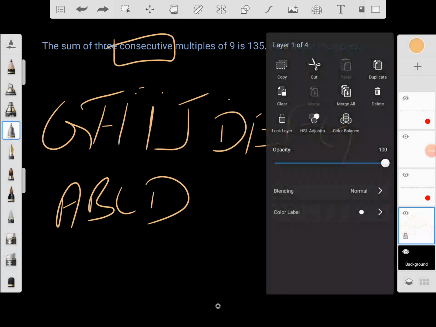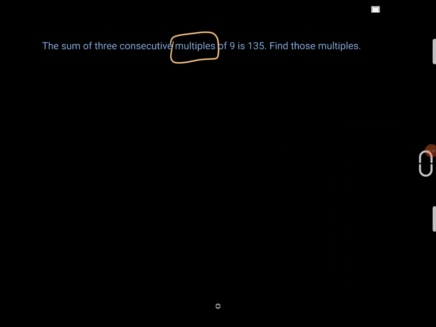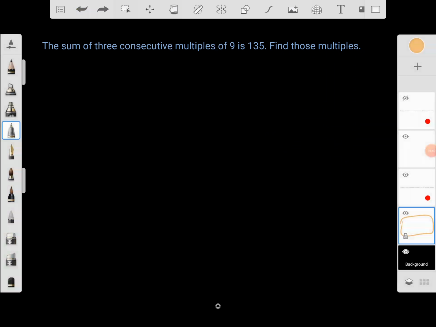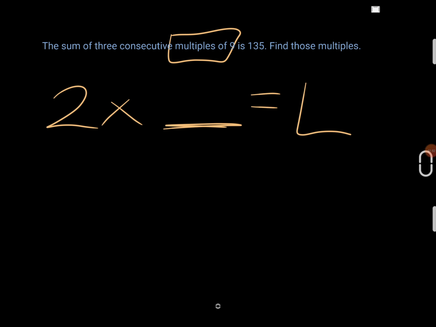Then we see another word that is called multiples. So what does multiple mean? The word multiples you can never find alone. You will always find it with a number. So multiples of 9 in this case. Multiple means when you multiply with something, you should get that number.